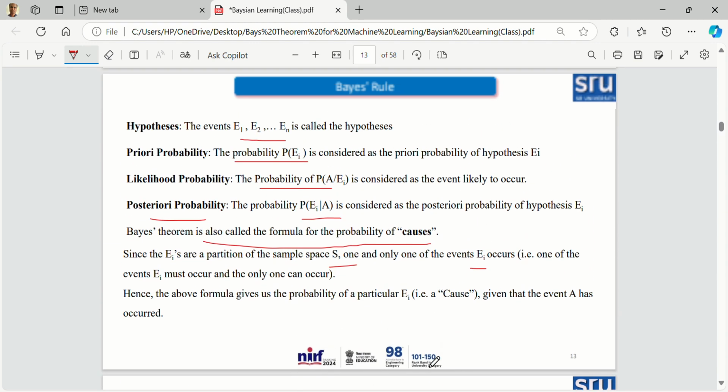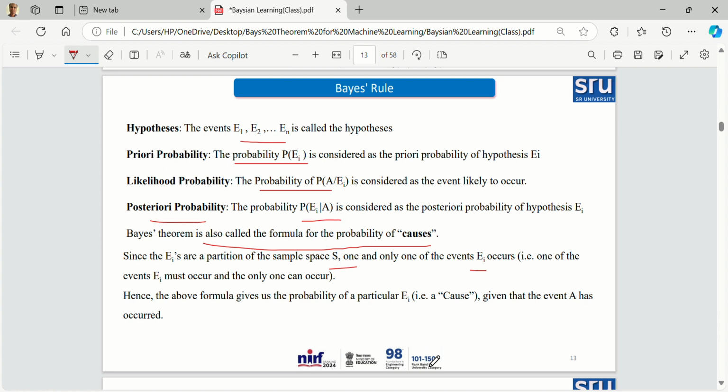What is the meaning here? Suppose a patient has 3 symptoms and the result is fever. Out of the 3, some patients have headache, some have body ache, and some have high temperature or some temperature measure.